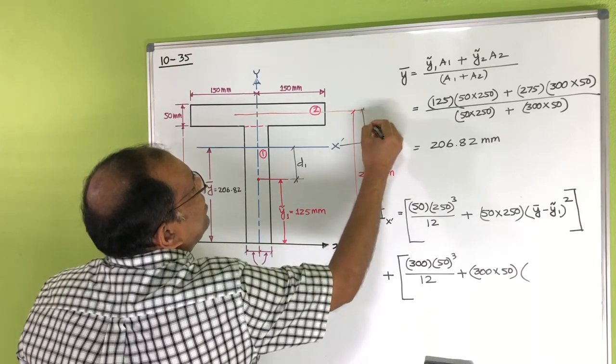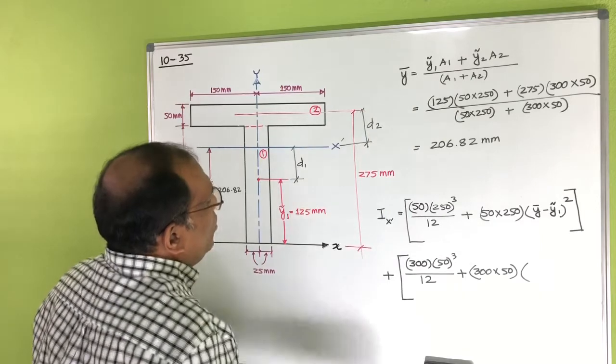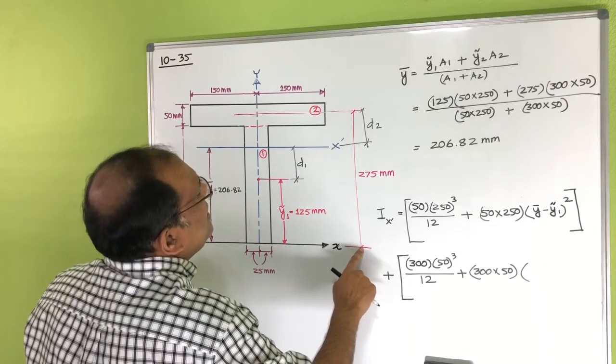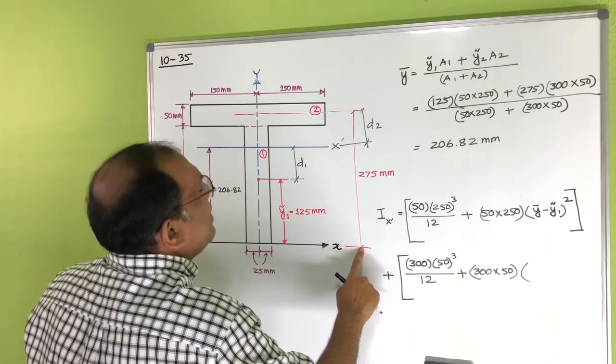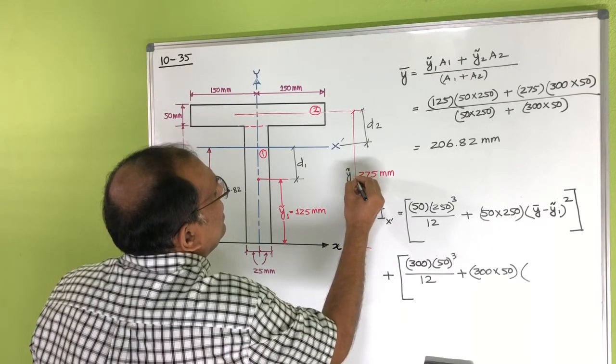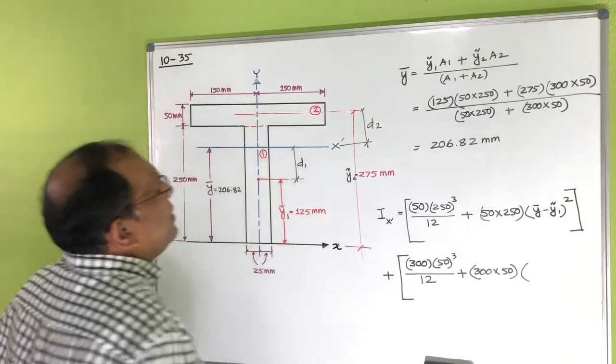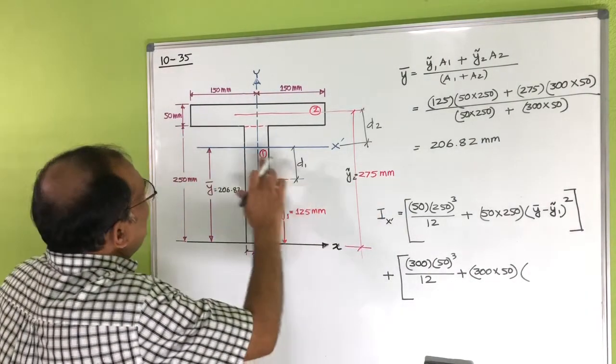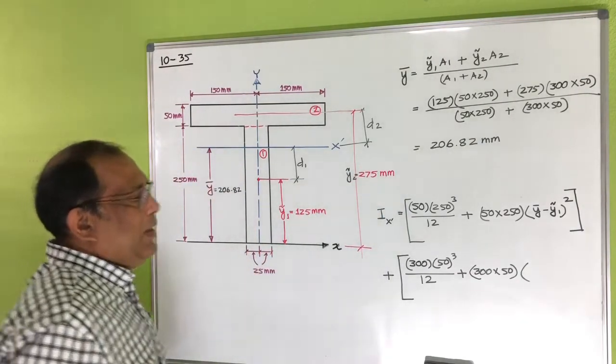That's your d2, which is basically y2 tilde minus y bar, okay.